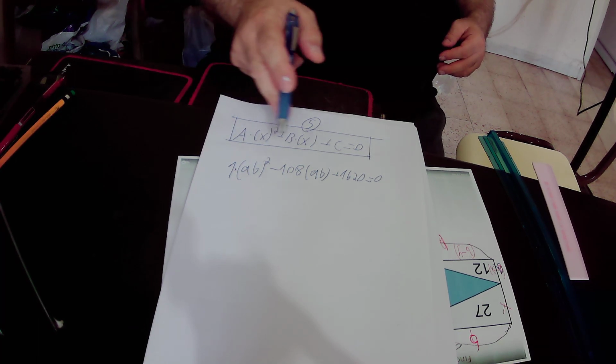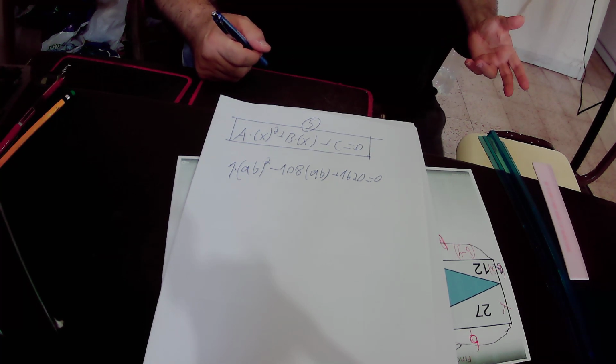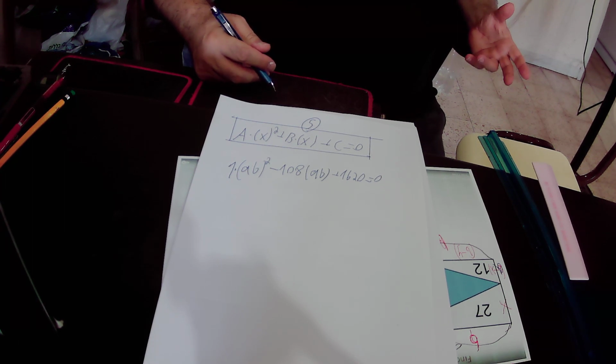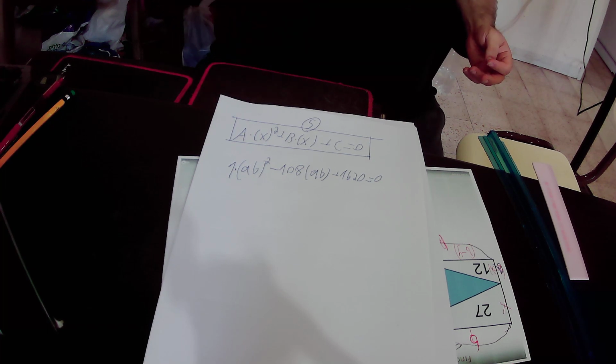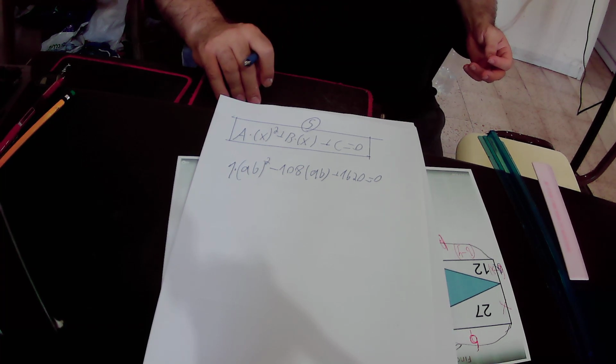So this is our quadratic equation, and we want to find the values of a, b, c, and x: the coefficients of the quadratic equation and the value of the variable, that is x.